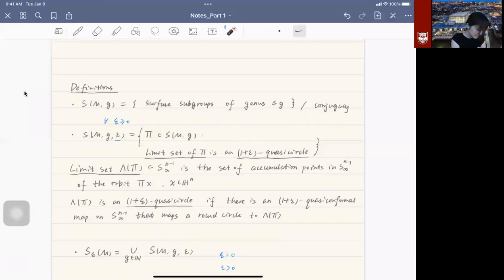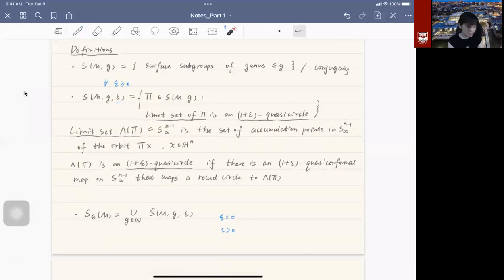Now the limit set related to pi is a subset of the (n-1)-sphere that contains the accumulation points of the orbit of pi x. x can be any point in H^n. And I also want to mention that the limit set of pi is independent of the choice of x, meaning that no matter what x we are taking, the limit set is identical.